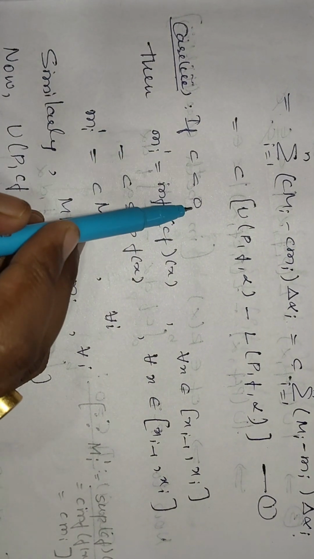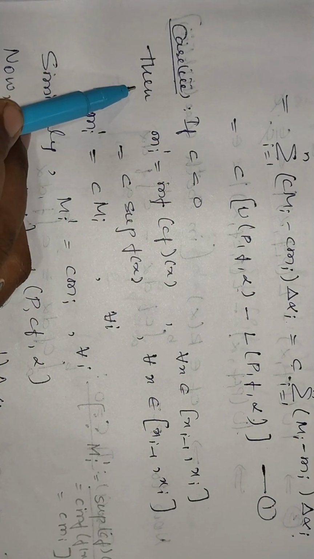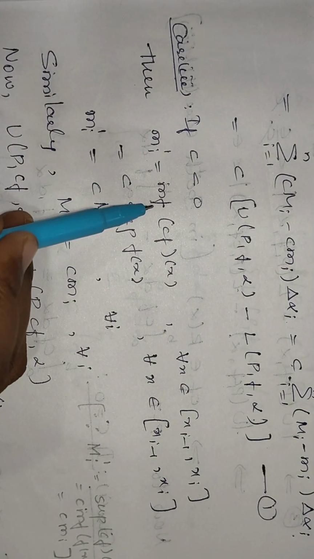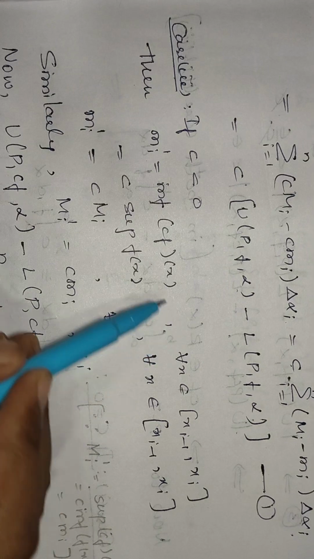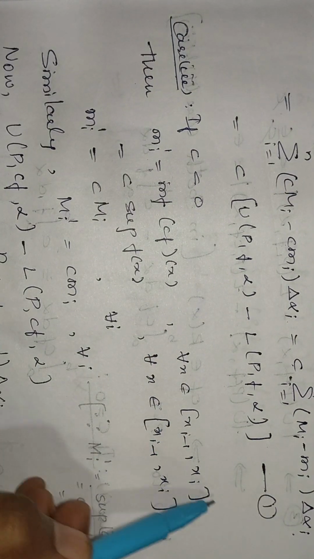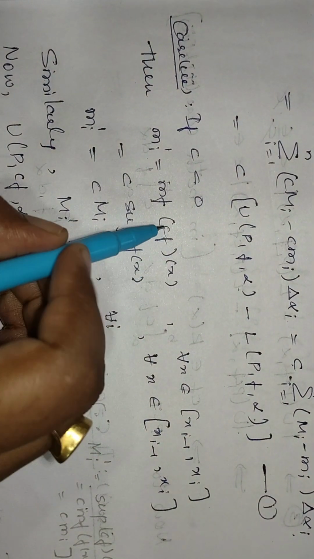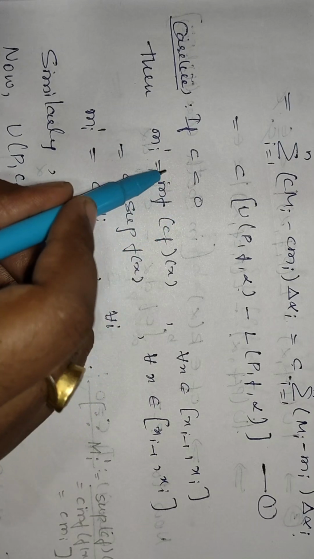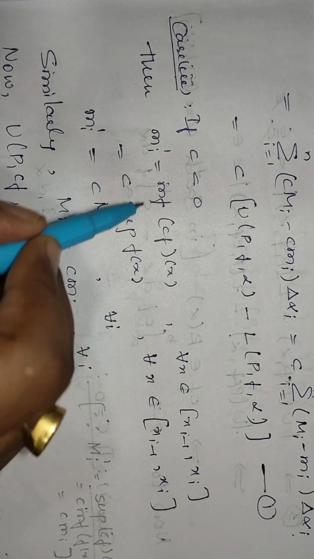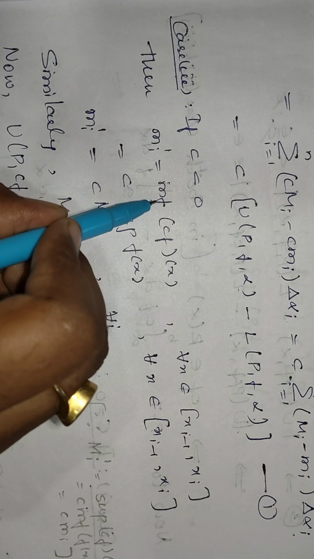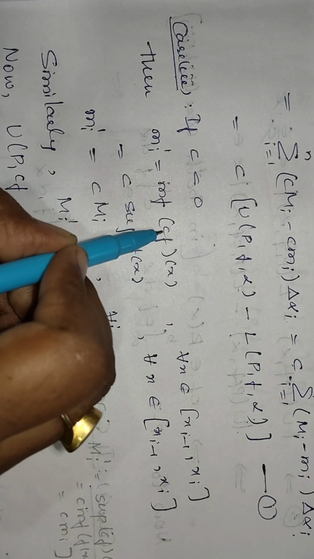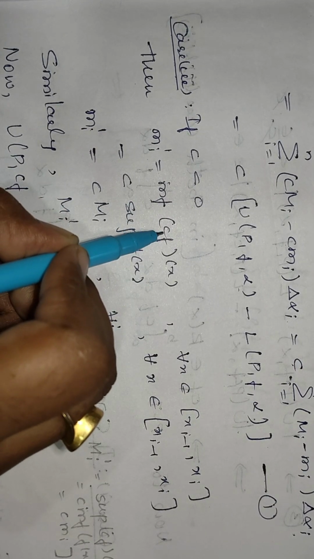If c is less than 0, what happens? Then Mi dash, which is equal to the infimum of cf(x) for all x belonging to this interval, is equal to, if I now take this c outside, it no longer remains an infimum, because c is a negative real number.